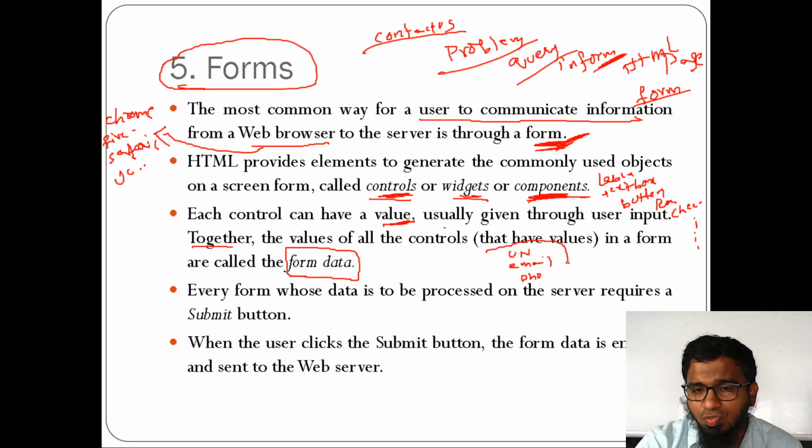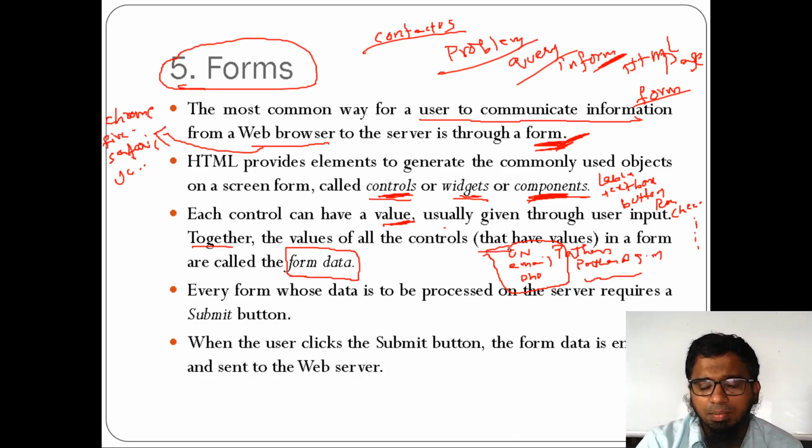The combination of all the values is called form data. Whatever you are giving, like here I am giving Pathan, email ID something like pathan@gmail.com, phone number something, clear.